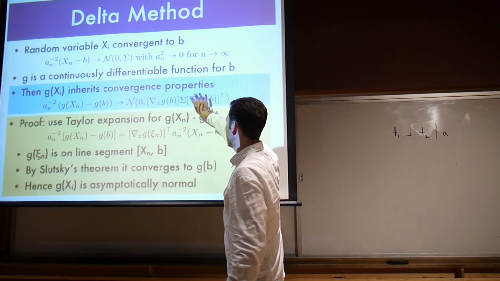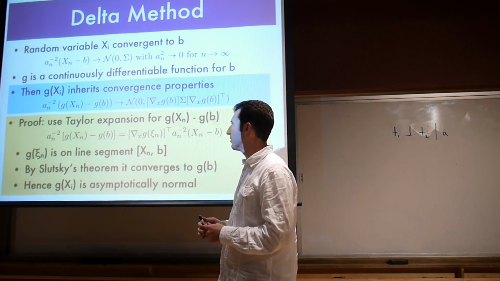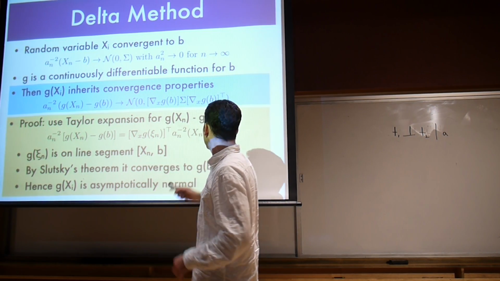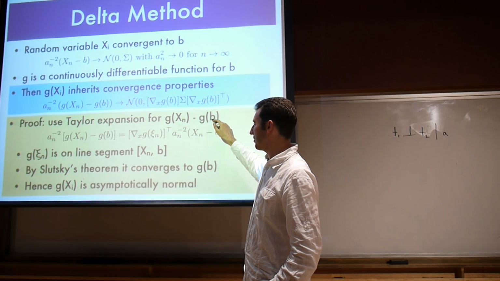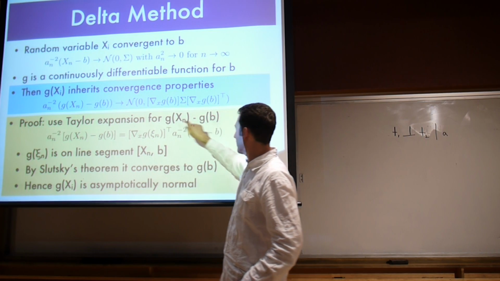That's basically all it does. Or the Jacobian if you have a multivariate expression. So the proof is fairly straightforward. What you do is you use the fact that g of x_n minus g of b, if I expand it around g of b, is, well, just that difference.